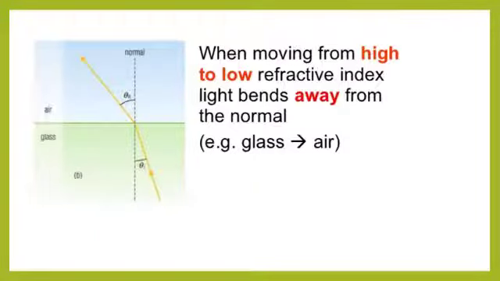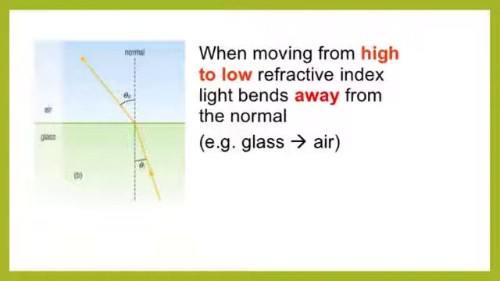Students, look at your screen. A diagram is given. Here the ray of light passes from glass to air. These arrows are indicating the propagation of the ray of light. Glass has a high refractive index and air has a low refractive index.